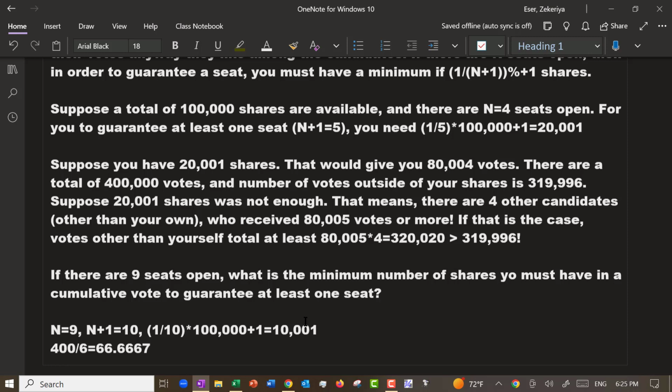Whether you agree or not, the idea behind that system is you want to protect smaller states from dominance by larger states. Because if you didn't do it that way, basically Florida, Texas, California would dominate most of the parliament.